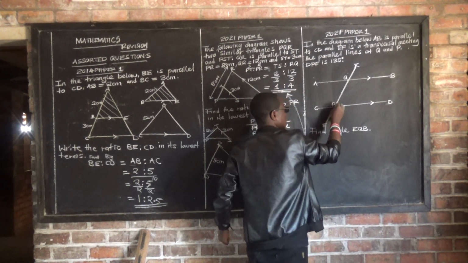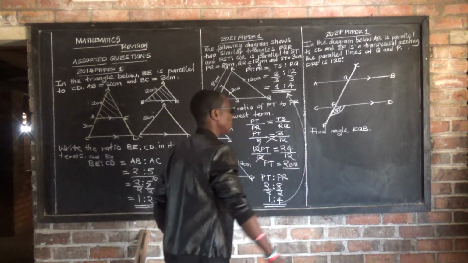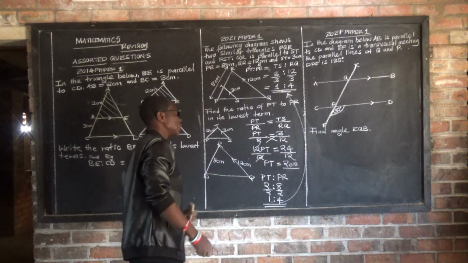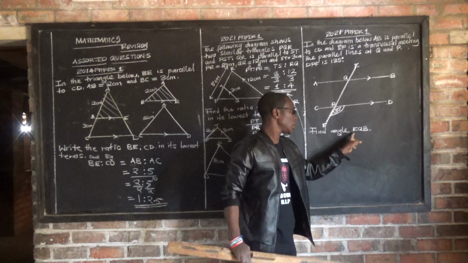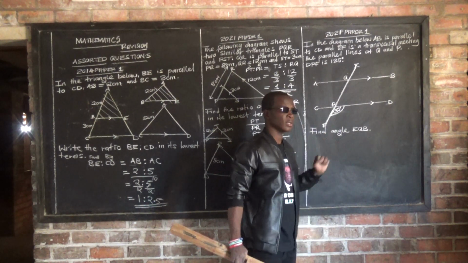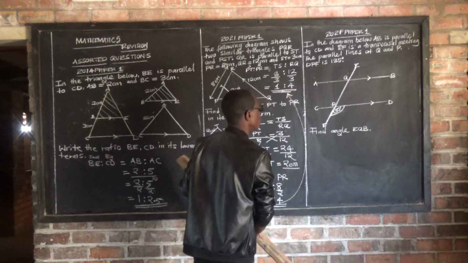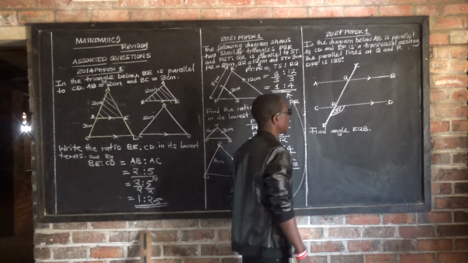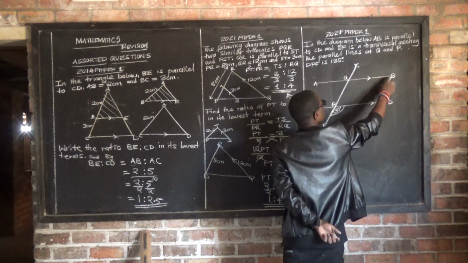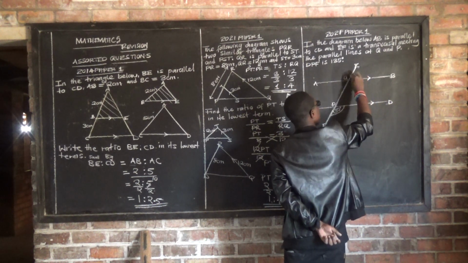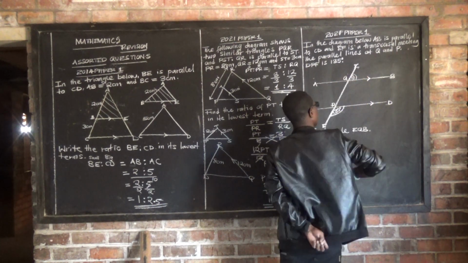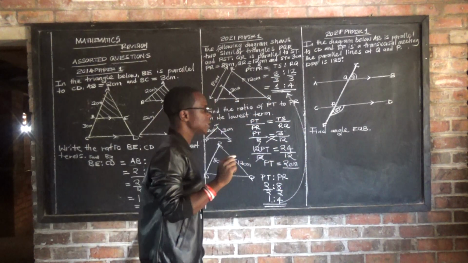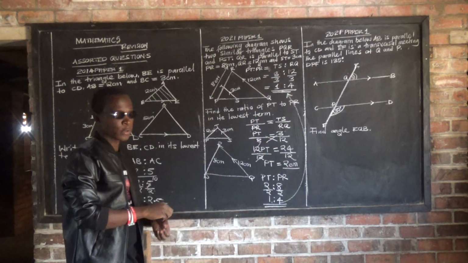DPF, this angle is 135. Are we together? So now, they want us to find angle EQB. This is the angle they want us to find. Are we together, guys?